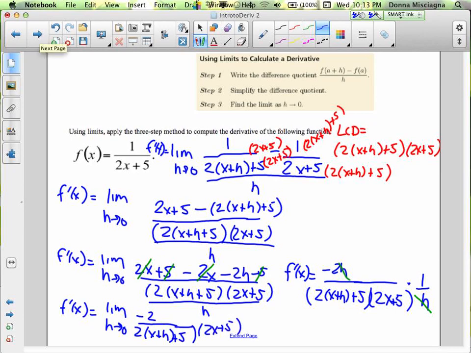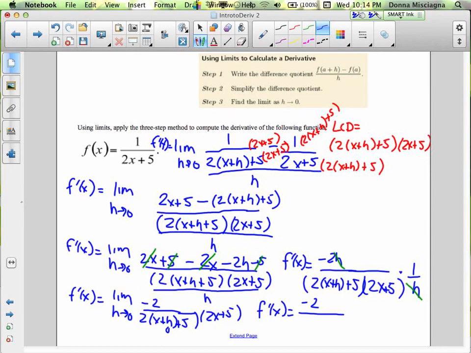So we're almost done. So our derivative is just going to be, in the numerator we have a negative 2. In the denominator, right, we're going to plug in a 0 here. So if we plug in the 0, because I'm running out of space, that's just going to be 2x plus 5, right? So 2x plus 5 times 2x plus 5.